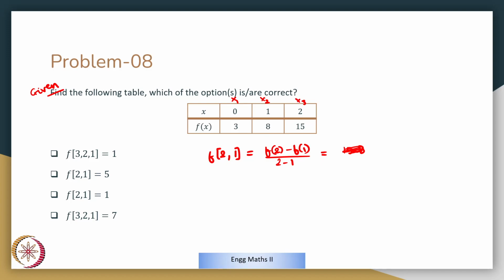So when we say f[2,1], what they're actually referring to is f of x2 minus f of x1 upon x2 minus x1, which is f of x2 is 8, f of x1 is 1, upon 1 minus 0. So this is 5, which gives us option B. Then we look at the divided difference between x3 and x2.